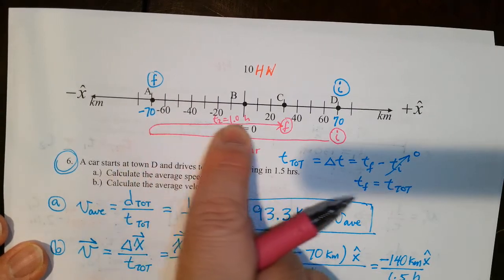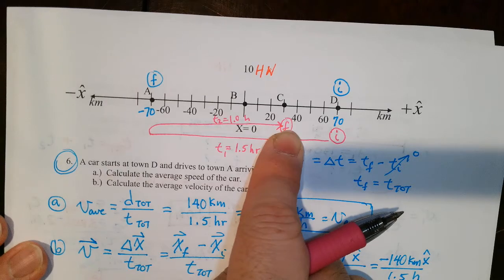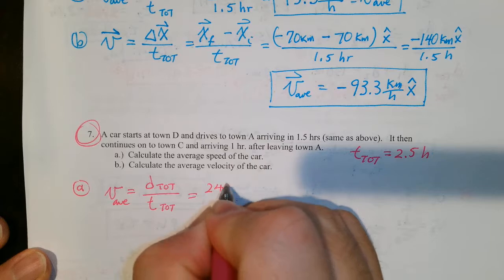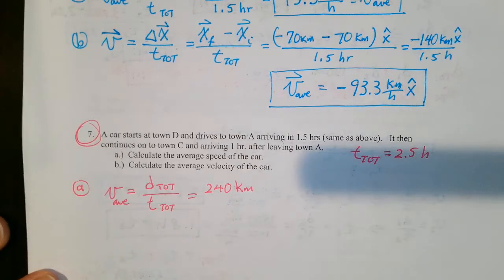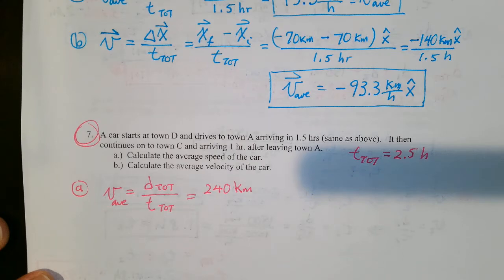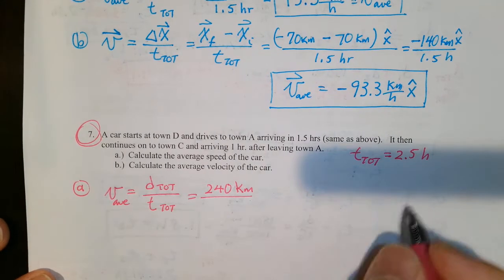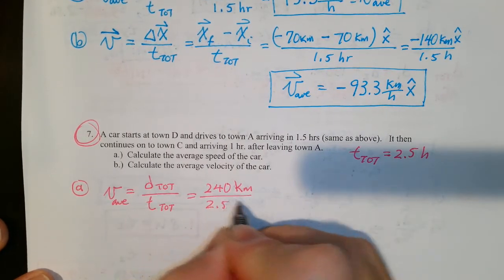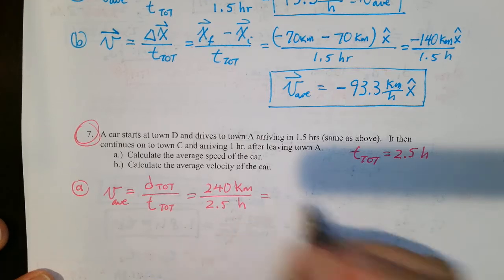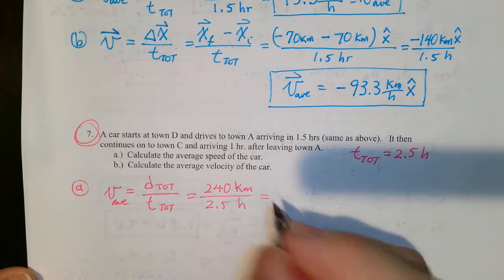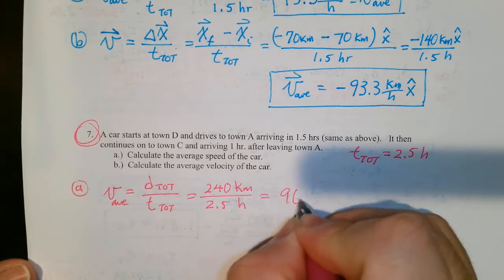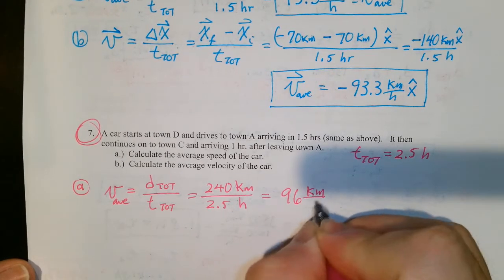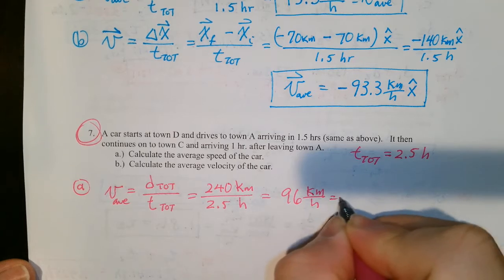Then it travels 100 more, so 240 kilometers is the total distance it has traveled. Divide that by total time, which is 2.5 hours. So total distance divided by total time comes out to 96 kilometers per hour as my average speed.